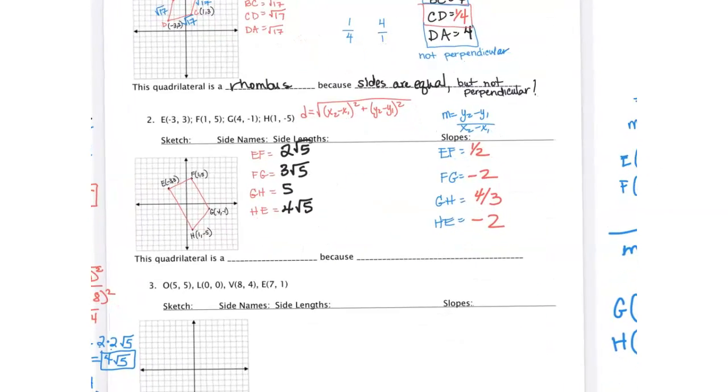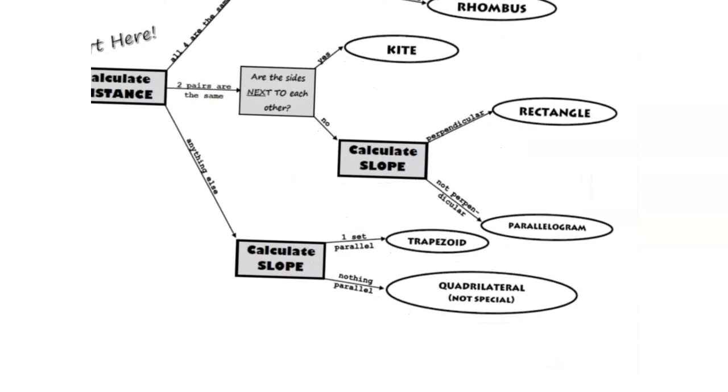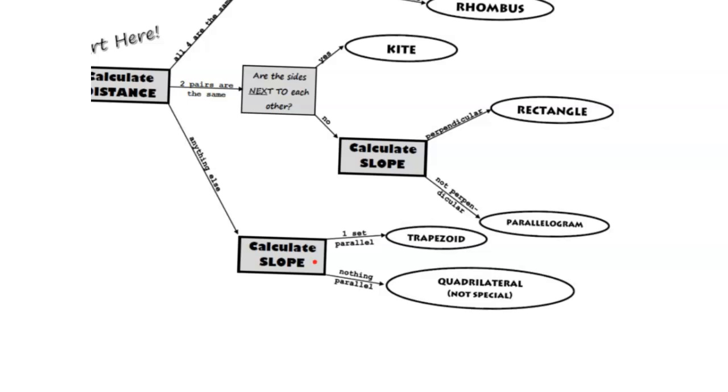So in our slope, we're looking for something with the same slope. FG and HE had the exact same slope. So since those two have the exact same slope, we have one set of parallel lines or parallel sides. So therefore we have a trapezoid. So this is a trapezoid.